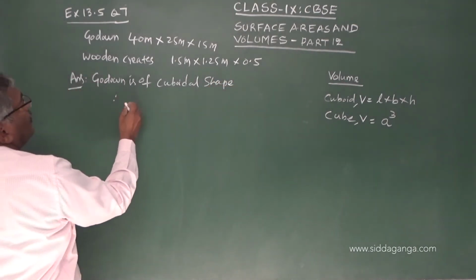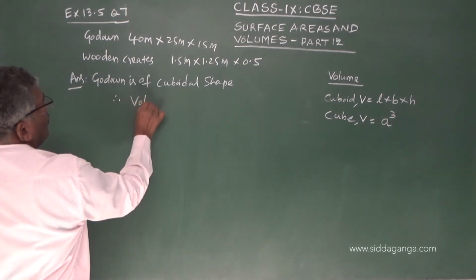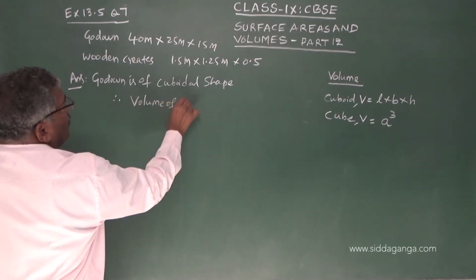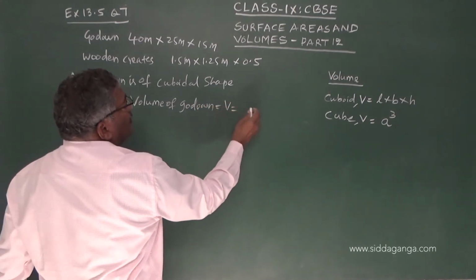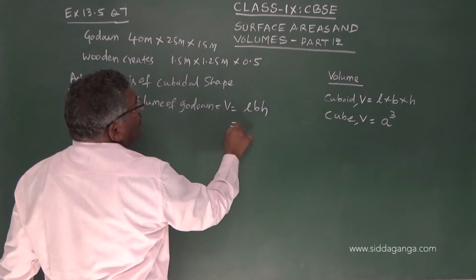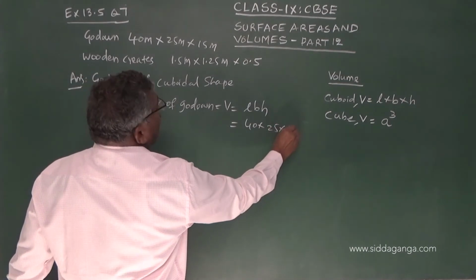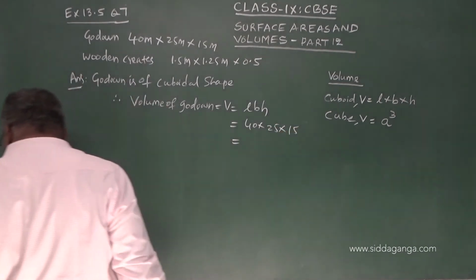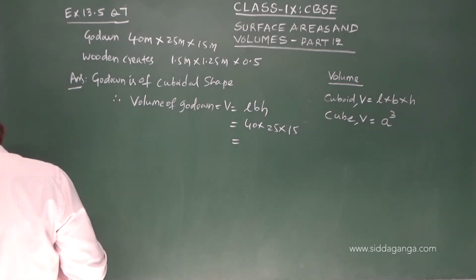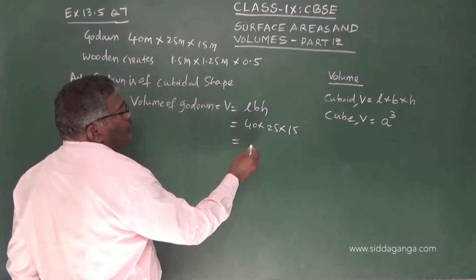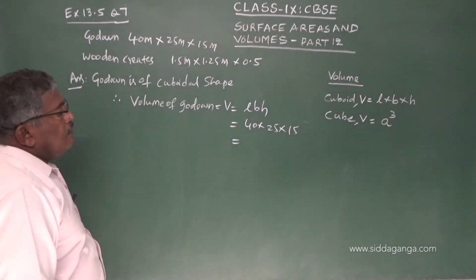Therefore volume of go down, V equals L B H, that is 40 by 25 by 15.